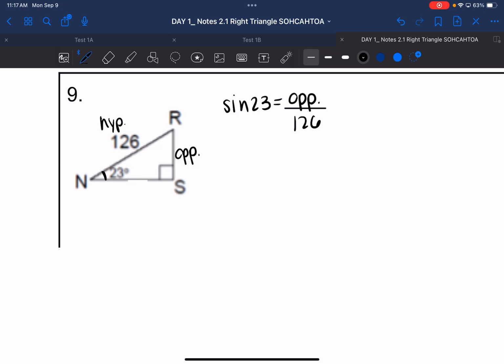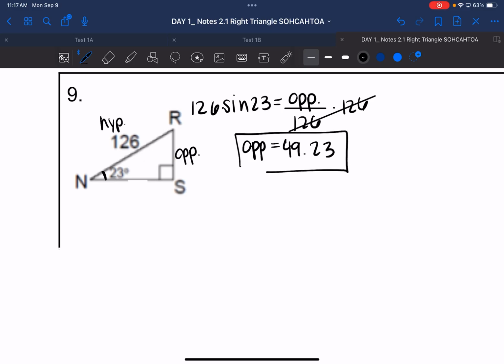All right, and how am I going to solve for the opposite side? Perfect. So they'll divide out over here. I multiply on this side. And what do we end up getting for the length of our opposite side? Good. Okay.